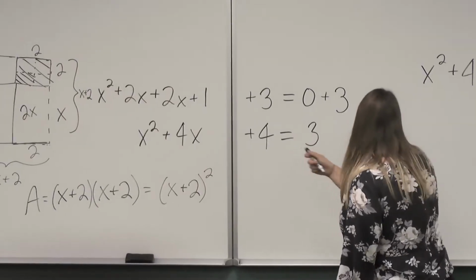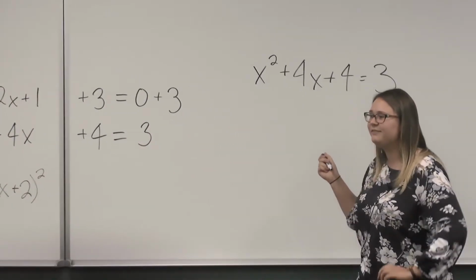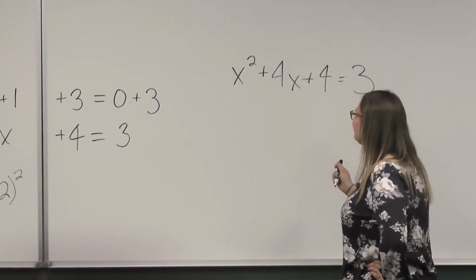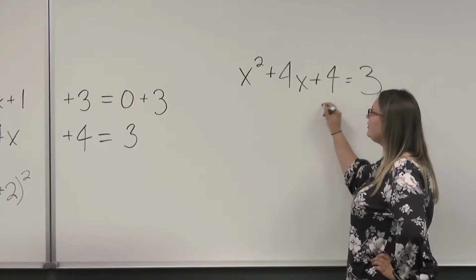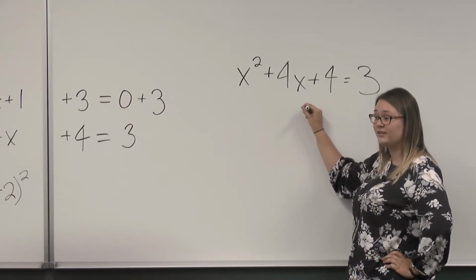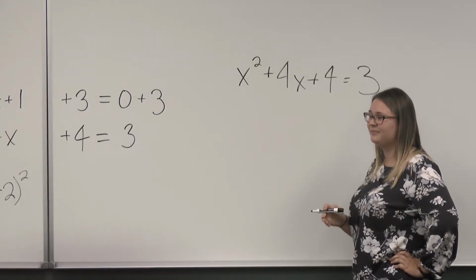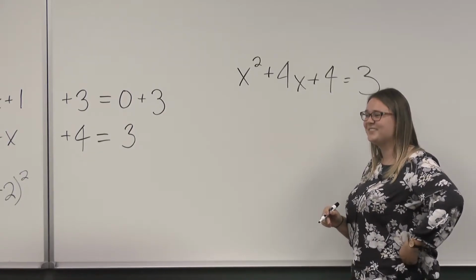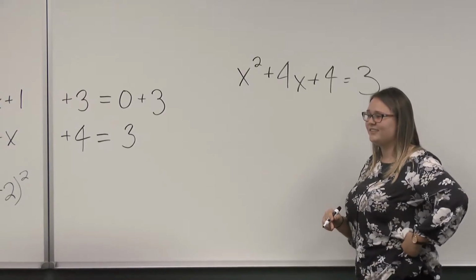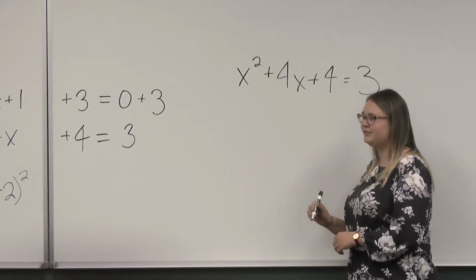So now let's look back at our trinomial that we were trying to factor earlier. Now that we've added that 1 over here, how does this factor? How did you find that?